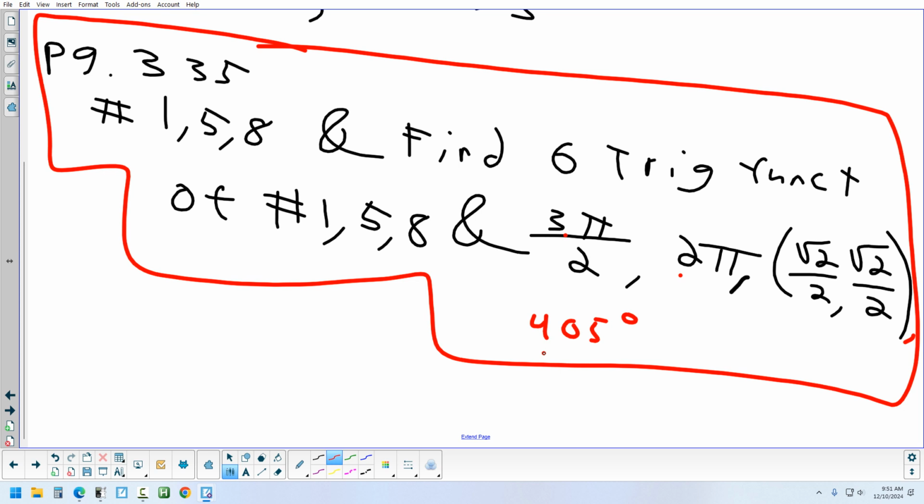But since I gave you angles, you're going to have to do something with the angles first. And then I'm also giving you a coordinate that I want you to try to find the 6 trig functions of. That one's easier because you don't have to figure out the coordinate. You already have it. So just don't forget about the 405 down here too.